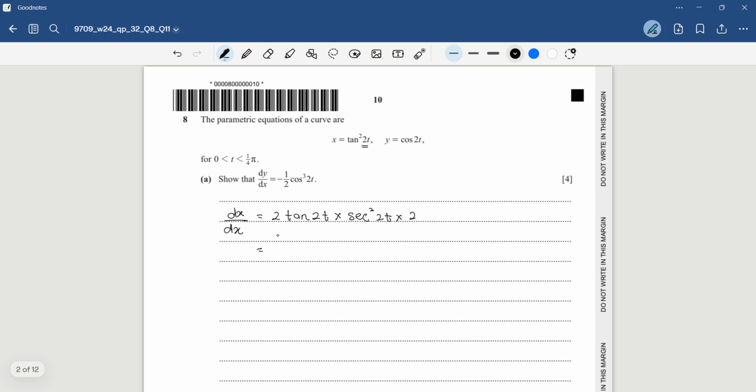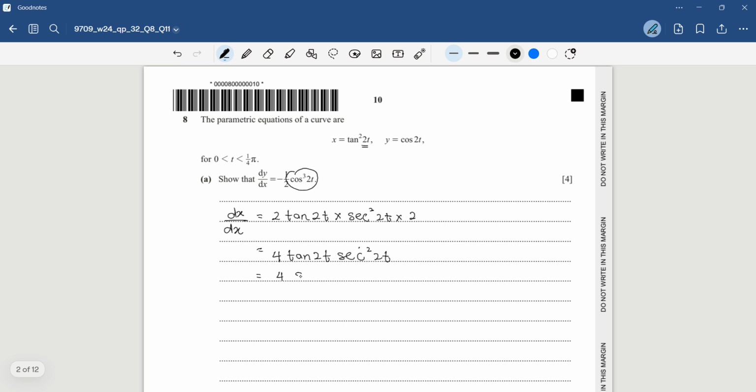So it's going to be 4 tangent 2t secant squared 2t. But since the answer is in terms of cos, maybe I'll change it first.